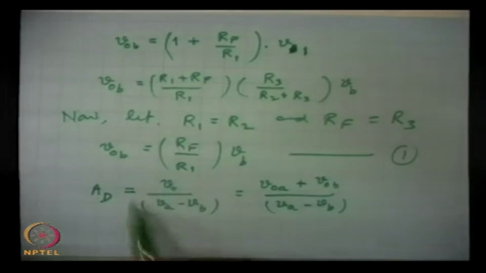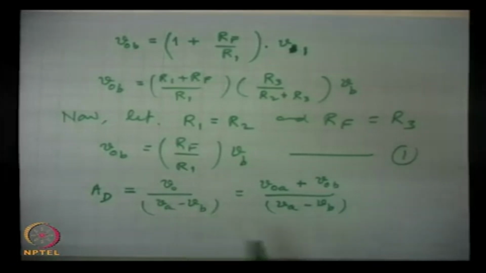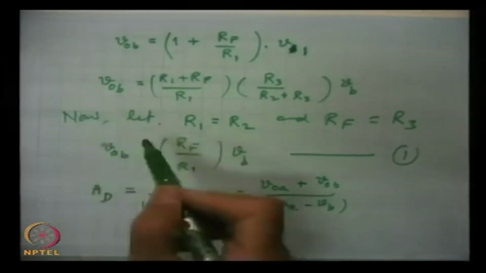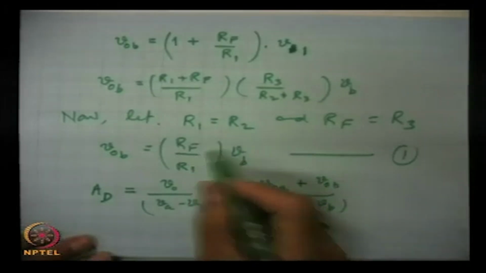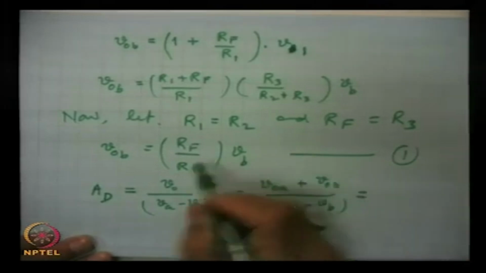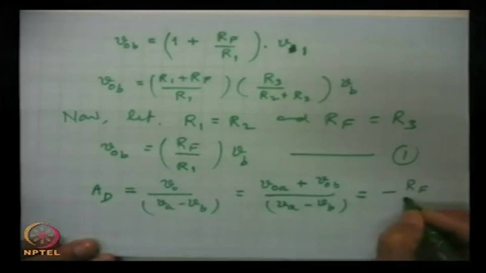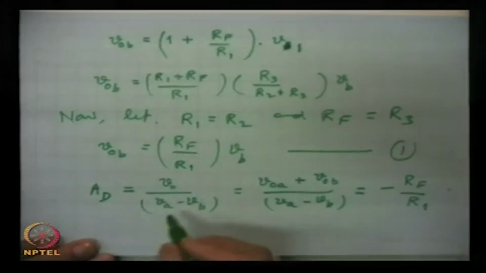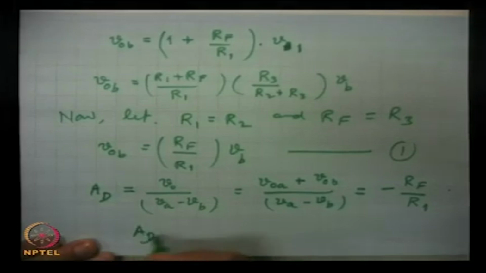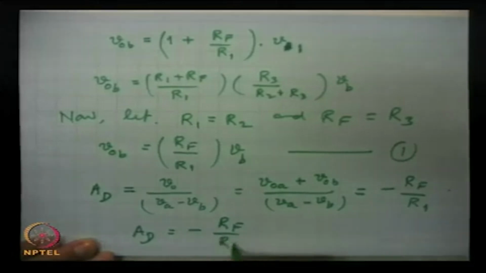This is the general expression for the differential amplifier, and when we substitute these values by the superposition theorem, then it comes out to be this, and which obviously, using 1 and 2, comes out to be RF by R1. That means the gain AD is equal to minus RF by R1.